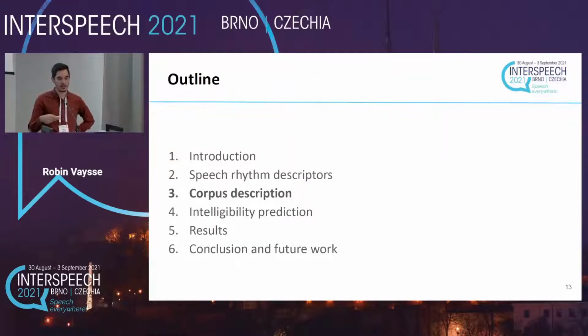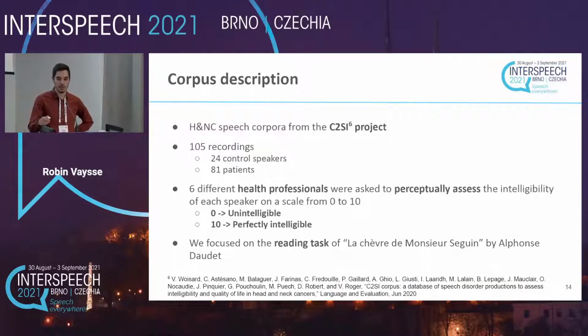Now, for the corpus we used in our experiments, we used a corpus of head and neck cancer from the C2SI project, which is composed of 105 recordings with 24 control speakers and 81 patients.